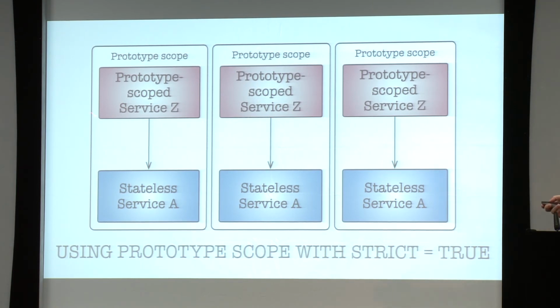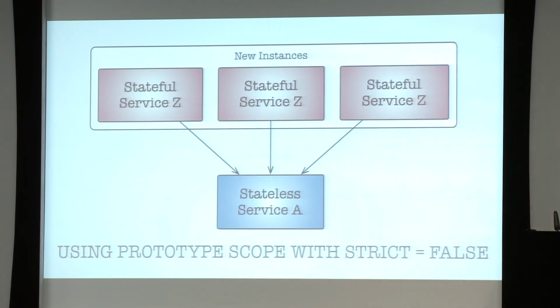So you have 3 instances of service Z, which is stateful, but they are all using stateless service A. But because you set the scope to prototype with the flag strict equals true, you're going to have actually 3 instances, while you need only 1.